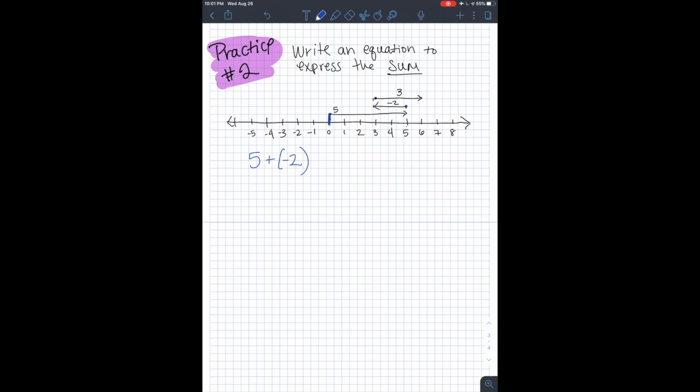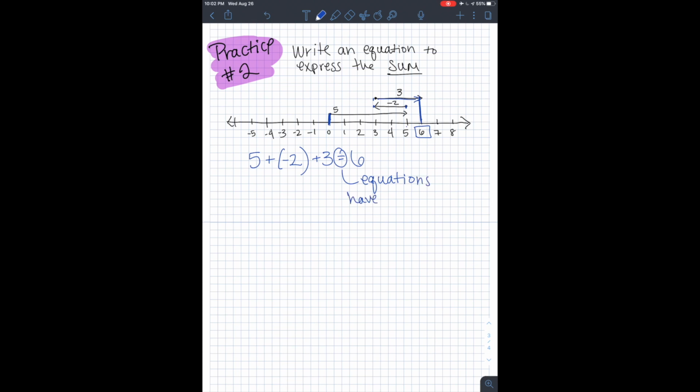Then because we're going back to the right 3 more spaces, that means we are adding 3. And where we end up is at 6. Okay? And so our equation is 5 plus -2 plus 3 equals 6.